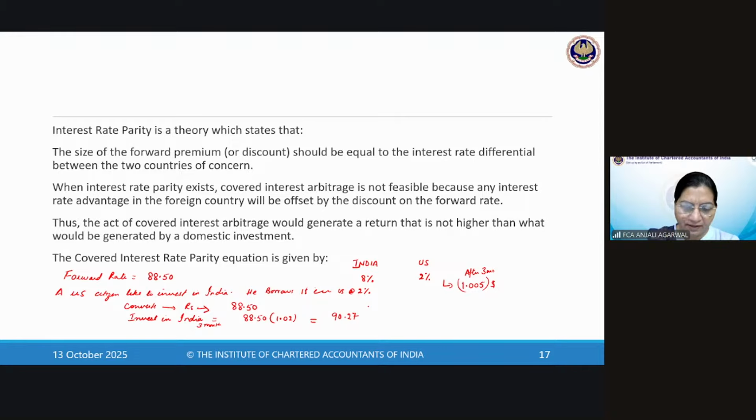Now, to get $1.005 with the exchange rate remaining 88.5 only, he will have to pay 88.9425 rupees. Okay, how did we calculate this? 1.005 multiplied by 88.50.